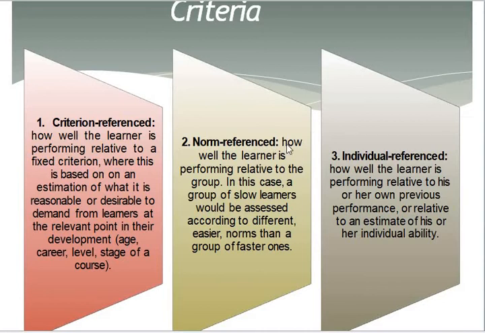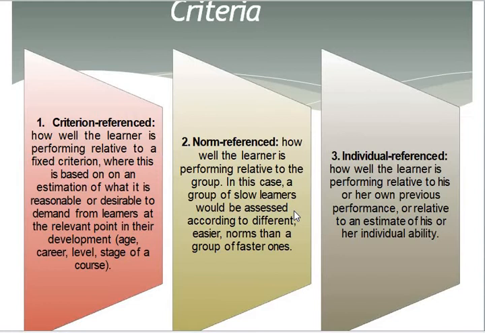So norm referenced: how well the learner is performing relative to the group. This is called norm reference criteria. In this case, a group of slow learners would be assessed according to different, easier norms than a group of faster ones. Definitely, with the passage of time, the teacher can assess who are the fast learners and who are the slow learners.